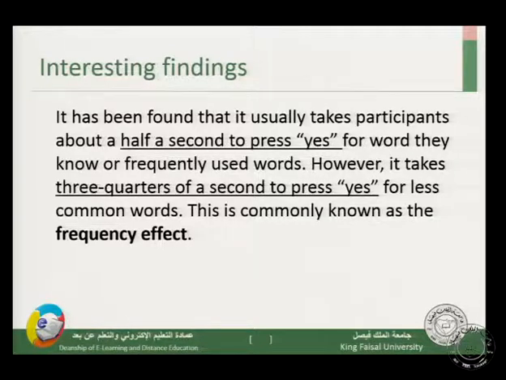What do we mean by the frequency effect? We mean that words which you know, words which are frequently used, are accessed quicker than words which you don't know. For example, let's say that the word book is a common word in English.